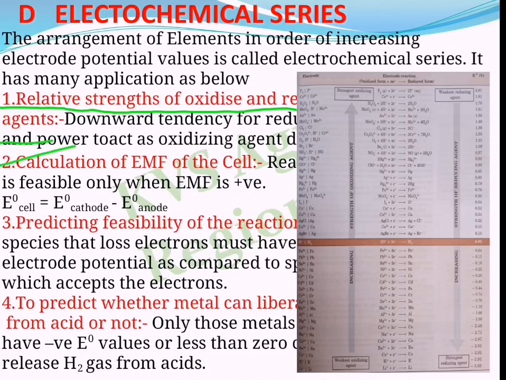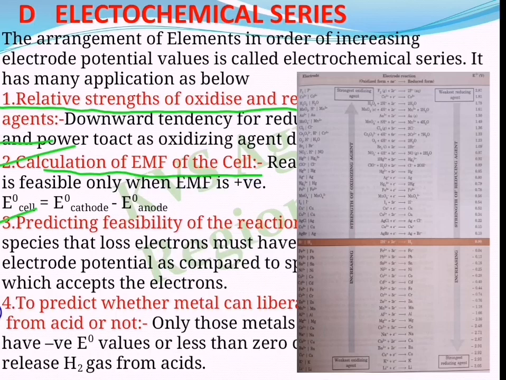Then the second application is calculation of EMF of the cell. We can calculate the electromotive force of the cell by this formula: E cell is equal to E naught cathode minus E naught anode. The third application is predicting feasibility of the reaction. We can also predict the feasibility of the reaction when two electrodes are joined with each other.